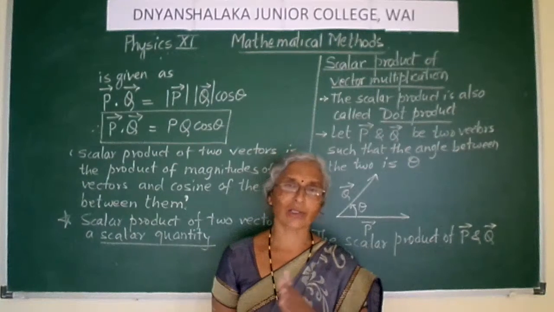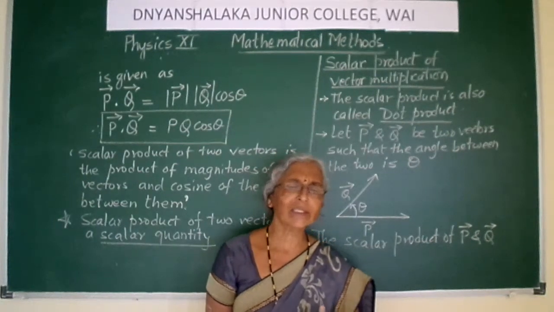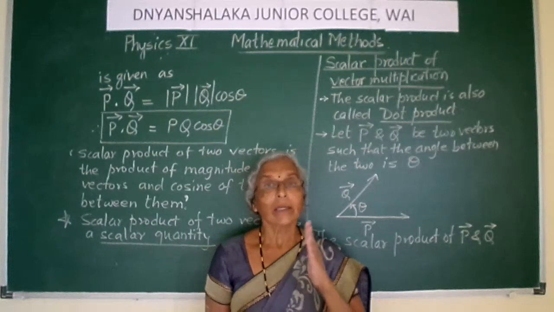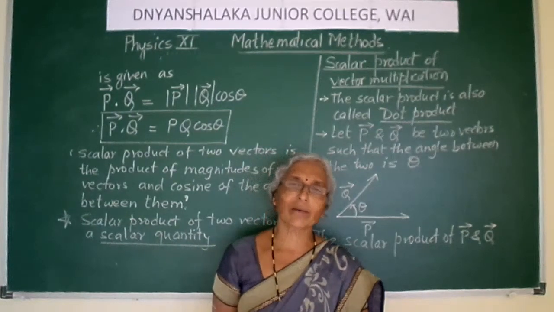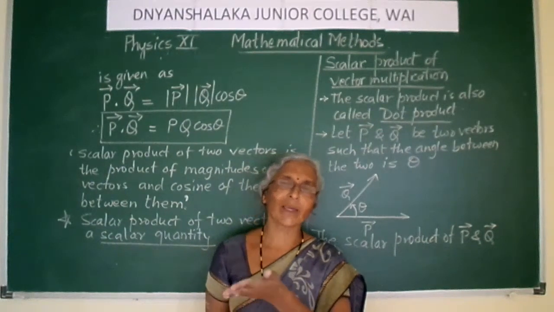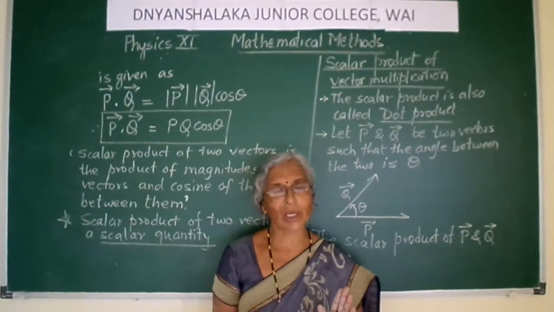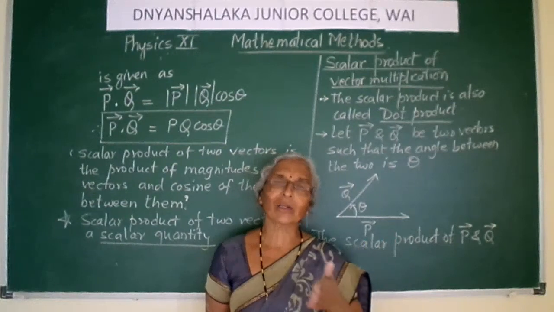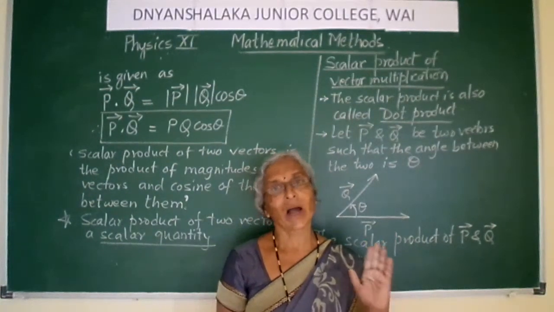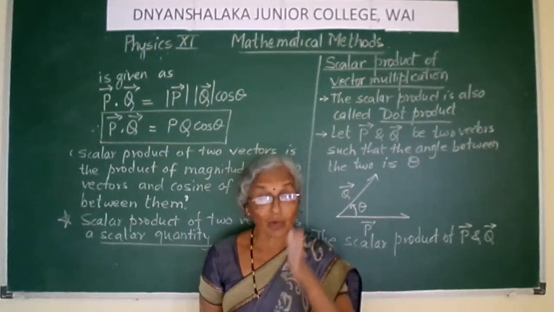We have considered two vectors, say P and Q. It can be vector A and vector B. Then vector A dot vector B will be AB cos theta. Vector R dot vector S will be RS cos theta. Are you getting it?